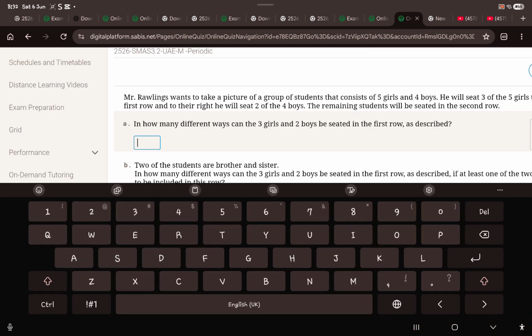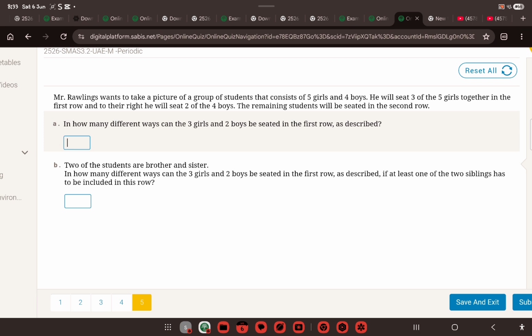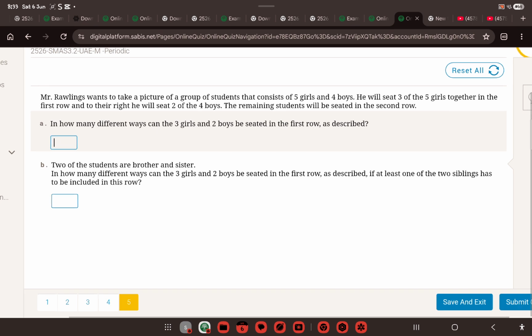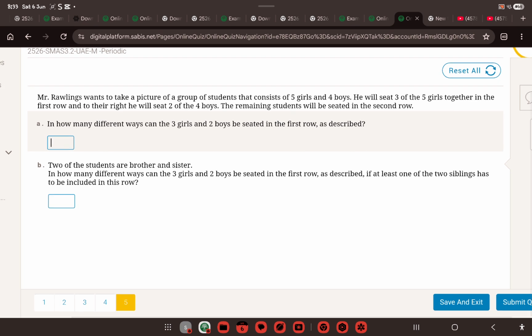Question 5. Mr. Rawlings wants to take a picture of a group of students that consists of 5 girls and 4 boys. He will seat 3 of the 5 girls together in the first row, and to their right he will seat 2 of the 4 boys. The remaining students will be seated in the second row. In how many different ways can the 3 girls and 2 boys be seated in the first row as described?